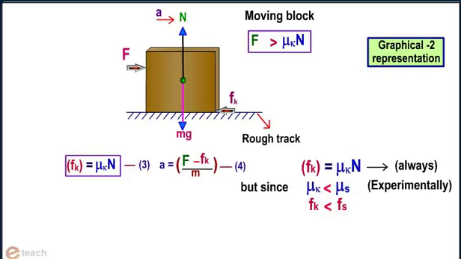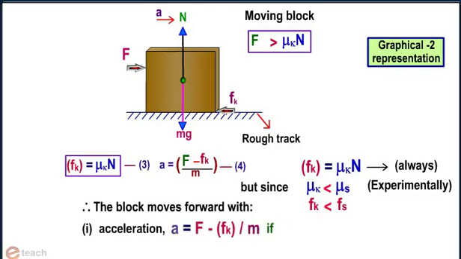But since μk is less than μs and Fk is less than Fs, the block moves forward with acceleration a equals F minus Fk by m if F is greater than Fk, or with constant velocity if F equals Fk.